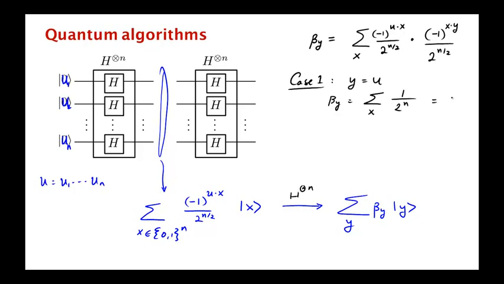There are exactly 2 to the n x's, so you get 1. So it's completely constructive interference. All the 2 to the n contributions line up, and they all give value plus 1.